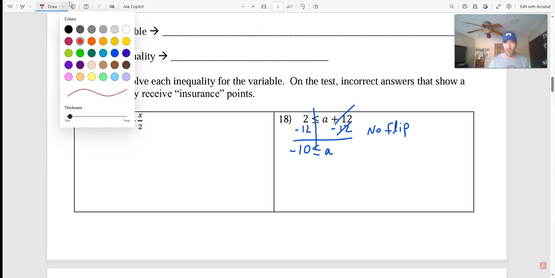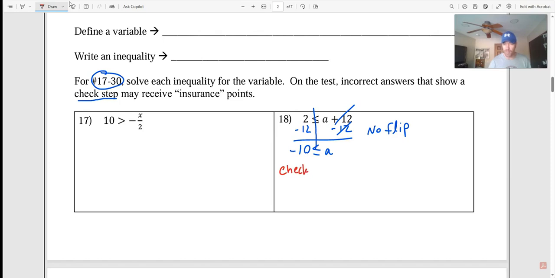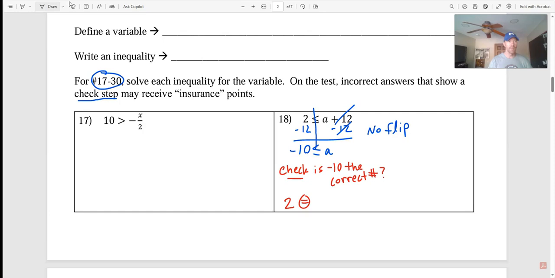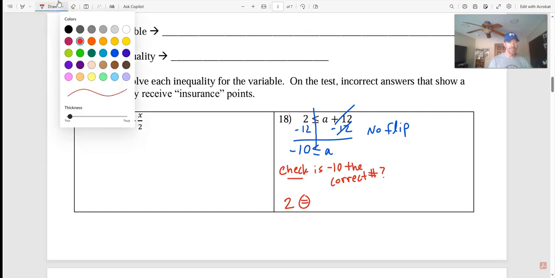So remember, check, first of all, basically is negative 10 the right number? Is negative 10 the correct number? Basically what I call the reference number. And the two sides should be equal. So if we do a 2 on the left, go back to the original, but we're going to switch that to an equals. And then we've got our value, quote-unquote value for a of negative 10.